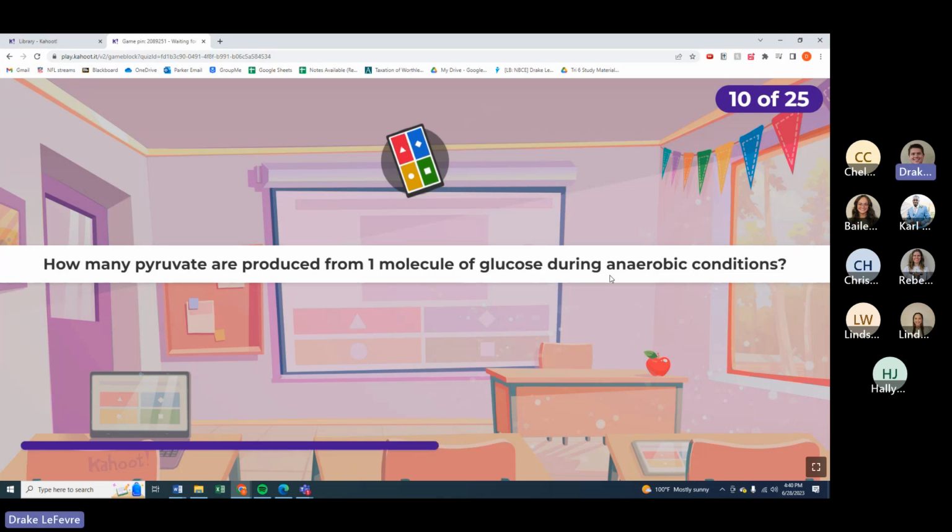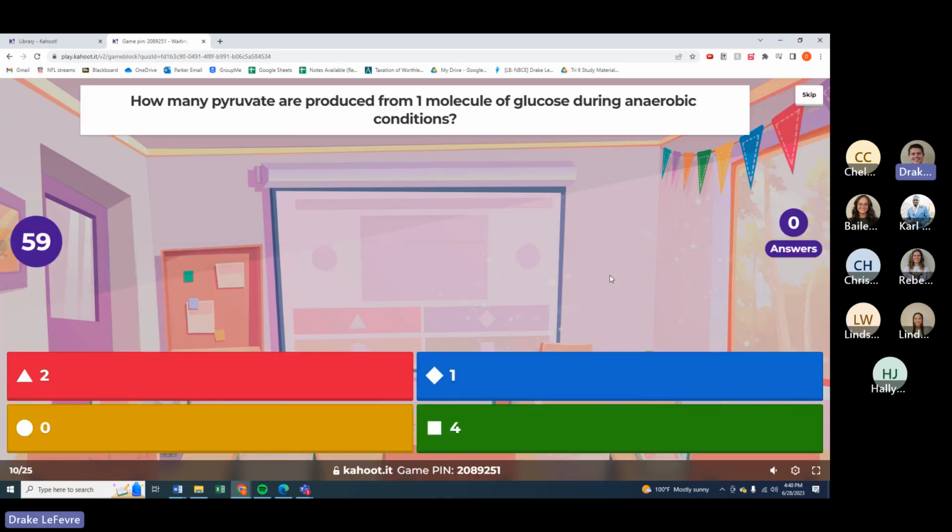How many pyruvate are produced from a molecule of glucose during anaerobic conditions?